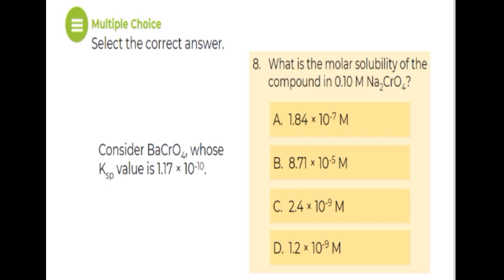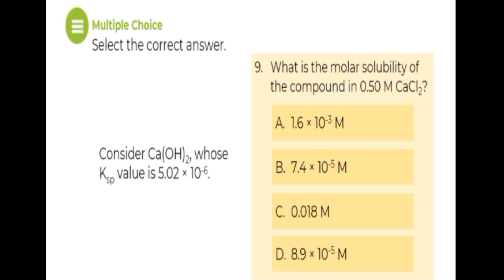Number 8. What is the molar solubility of the compound in 0.10 M Na2CrO4? A, B, C, or D? Number 9. What is the molar solubility of the compound in 0.50 M CaCl2?